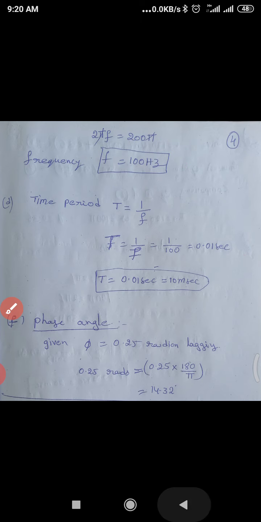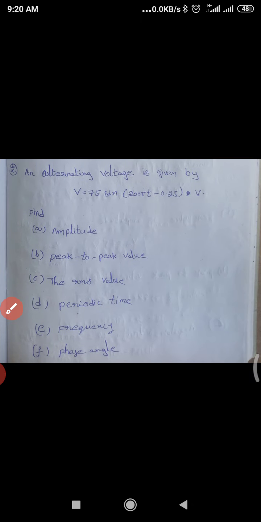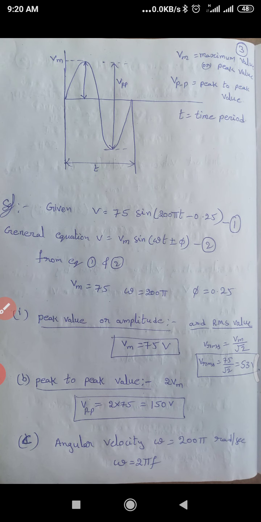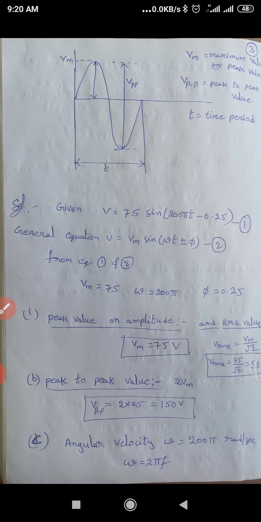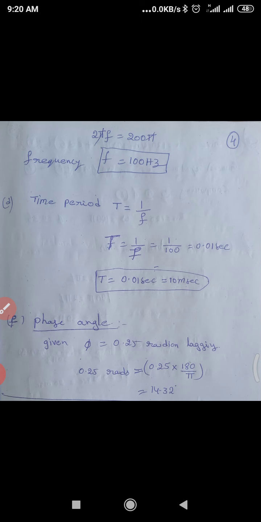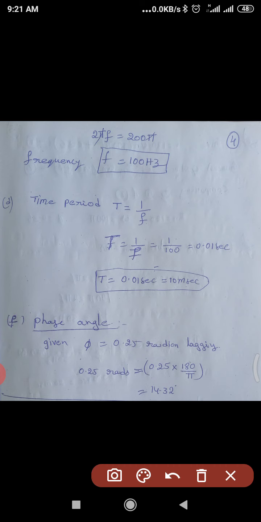So time taken for one complete cycle is 10 milliseconds. Next, the value we have to calculate is frequency. We already calculated the frequency as 100 hertz. Next we have to find the phase angle. In our problem they gave 0.25, which is in radians.